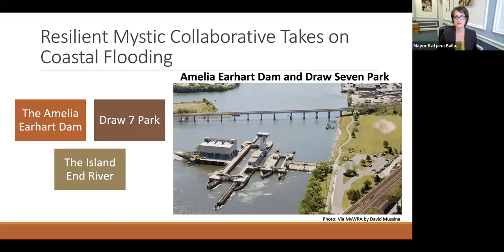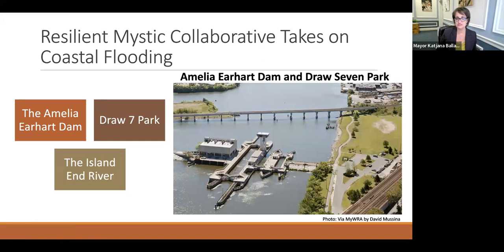And finally, the 3rd project will create coastal protection for Island End River, just east of us on the border between Everett and Chelsea. For the region, this area is where the bulk of our produce is processed at the New England Produce Center.